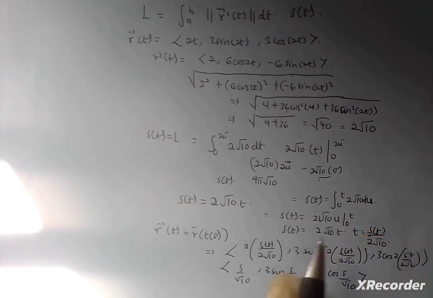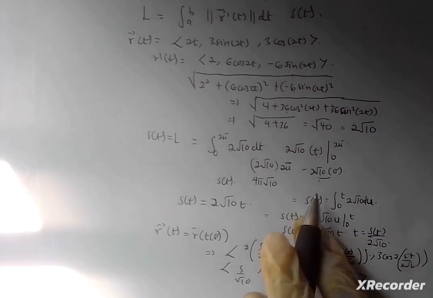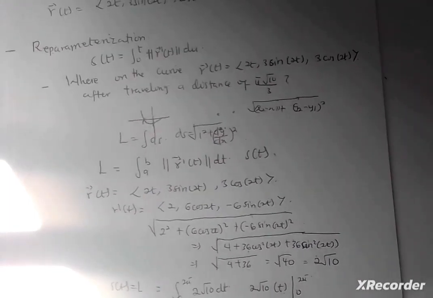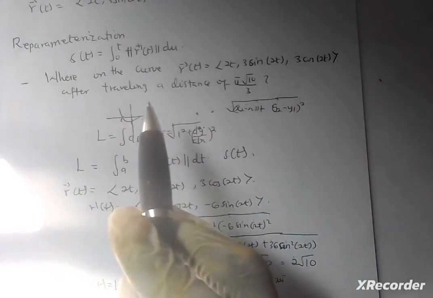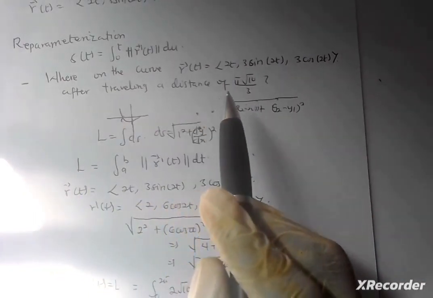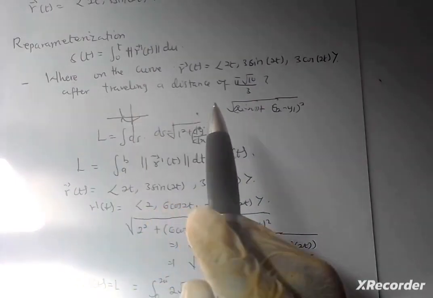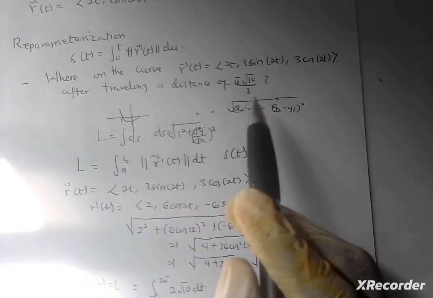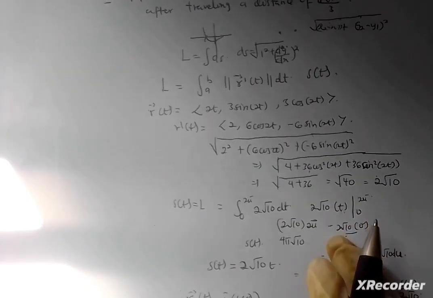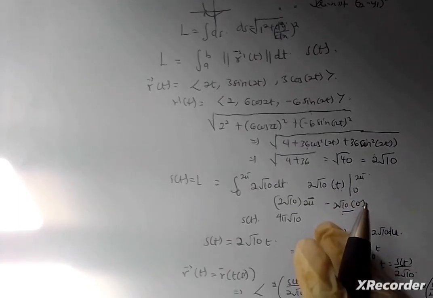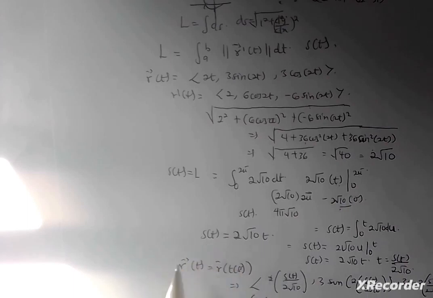Let's see how we do that. I have a particular question here. It says, where on the curve, after traveling a distance of pi root 10 over 3, where will you be on the curve? Let me solve this on this page so that you understand it well.